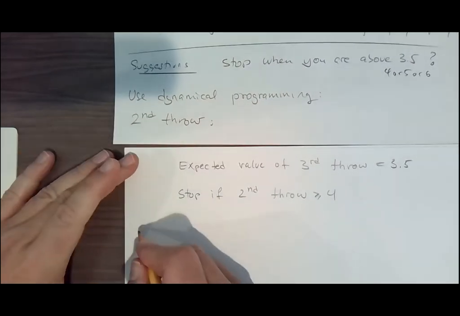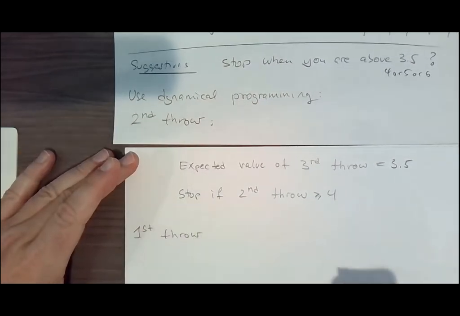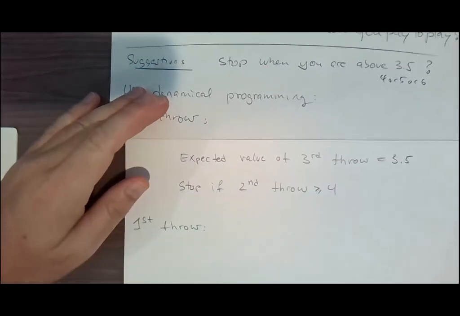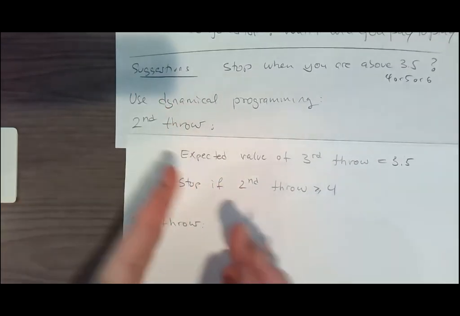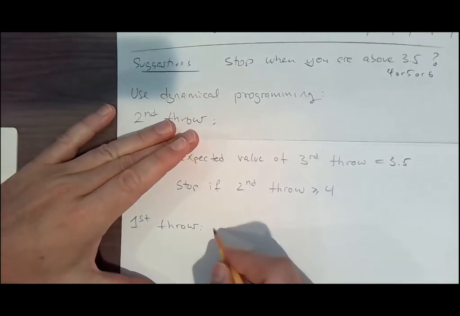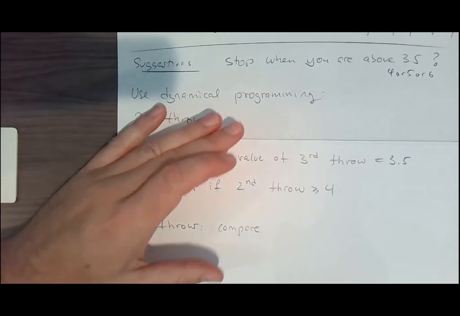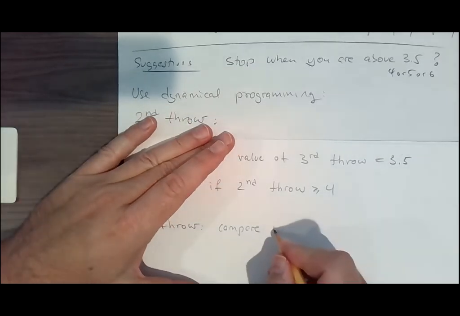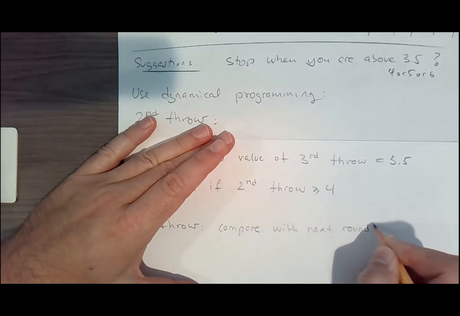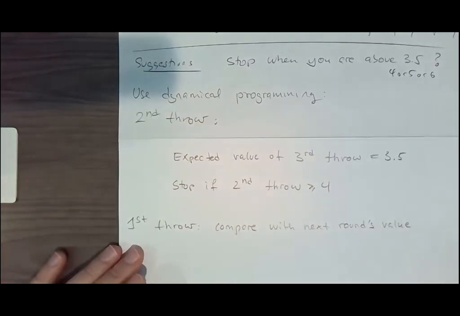But then what about the first throw? Now we're gradually moving to the left, right? What about the first throw? Well, you're going to compare with next round's value. And what is the next round's value?